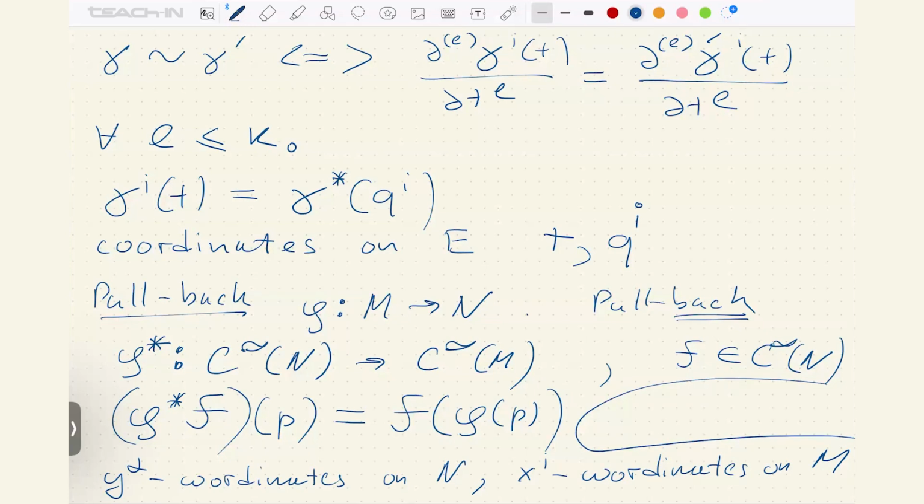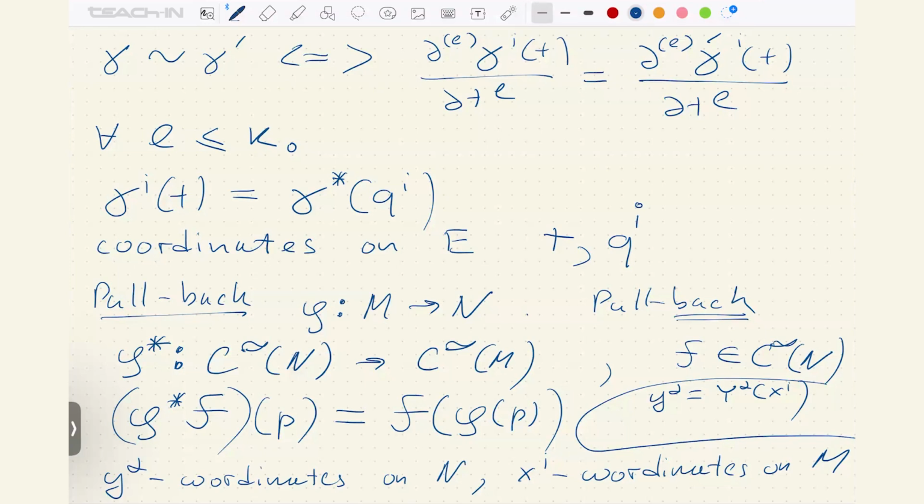We would say that phi is given by some functions, y^alpha equal to some functions Y^alpha of x^i. That's how we define a map from manifold M to manifold N in coordinates. Of course, we restrict to local neighborhoods, so locally we define it in coordinates. It's just given by some functions of x.